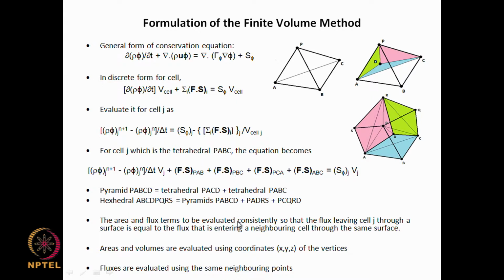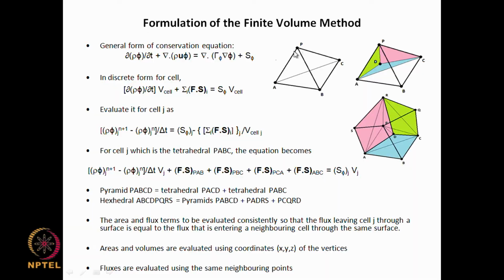So, the area and the flux terms also need to be evaluated consistently, and what we mean by consistently is we are looking at one cell, but your computational domain is made up of a number of cells. So, for example, if you take this tetrahedral element, this PAC triangle, that surface is likely to be shared with a neighboring tetrahedral element or hexahedral element.